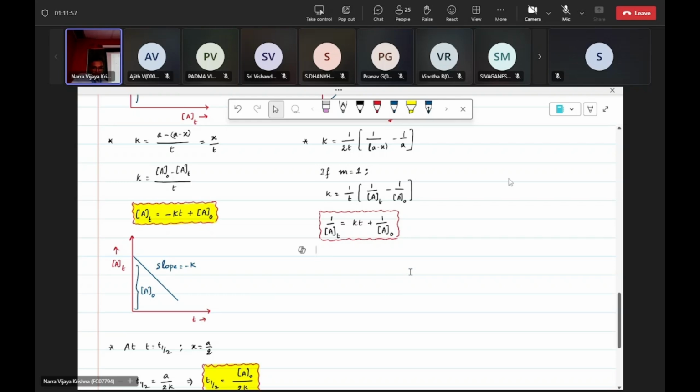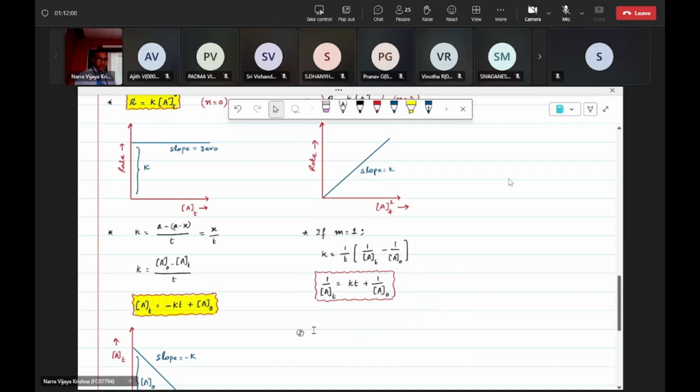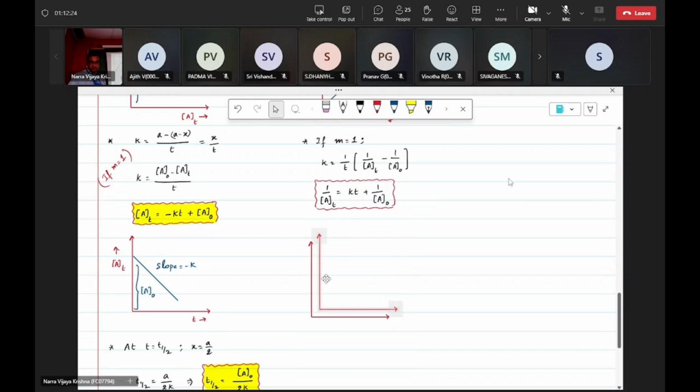Clear or not? I will do one thing. I will delete this and write this here. Here also I am writing that if m is equal to 1. No confusion, right? Now again a graph. I am plotting the graph between 1 upon at versus t.